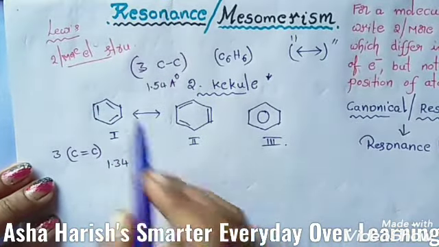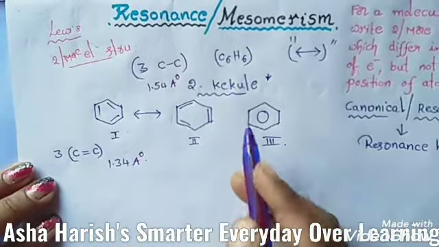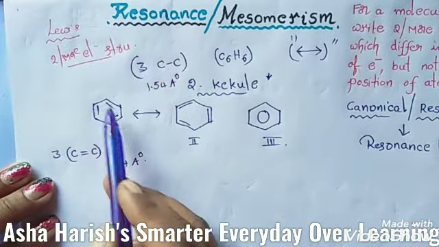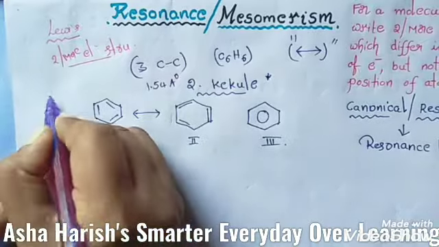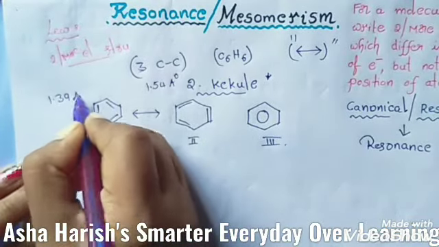But actually it has been found that all the 6 carbon-carbon bonds in benzene are equal, 1.39 angstroms.